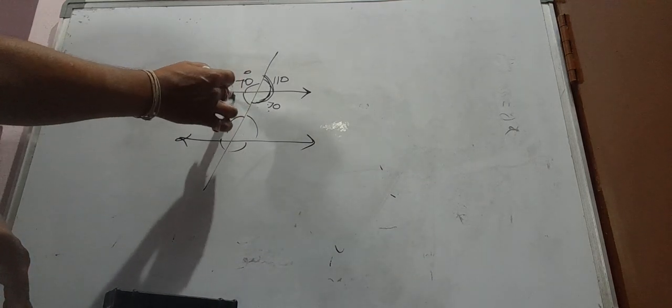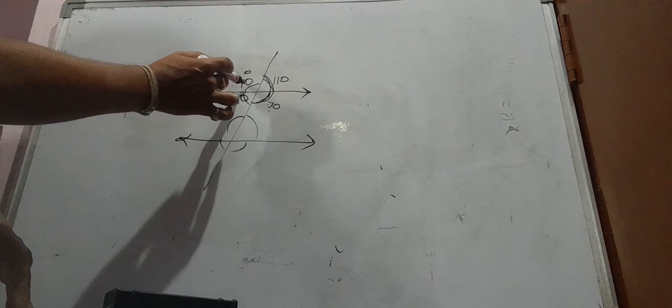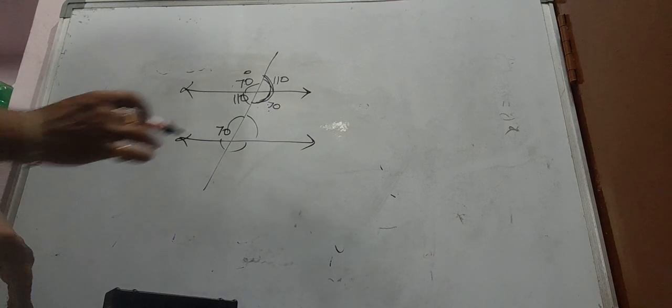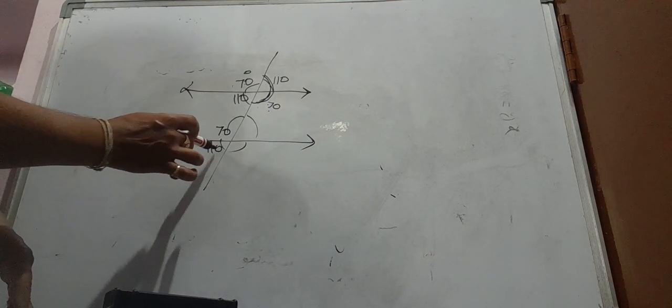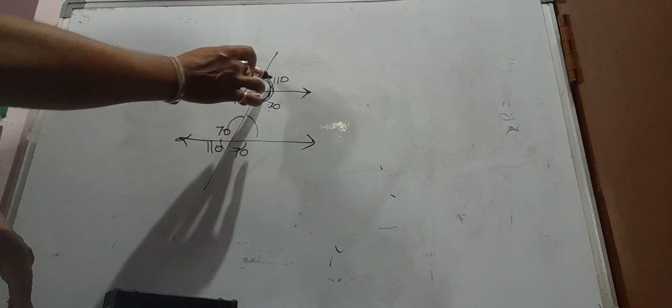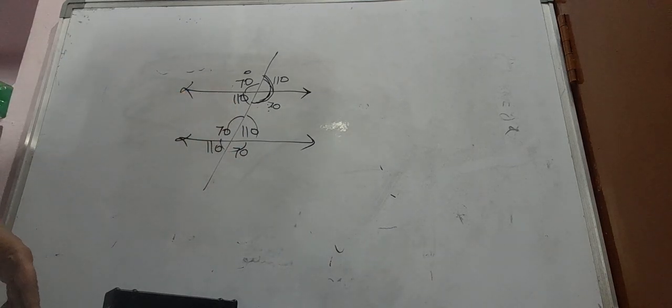And the vertically opposite angle of 110 is 110. And here is 70, here we can write 70 because they are corresponding angles. And here is 110, here we can write 110. Here is 70, here we can write 70. Here is 110, we can write here also 110. So children, like this we can use it.